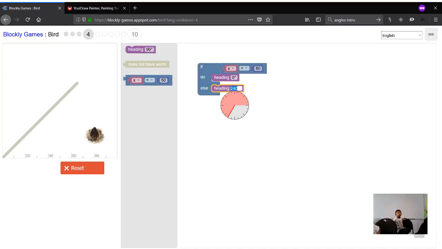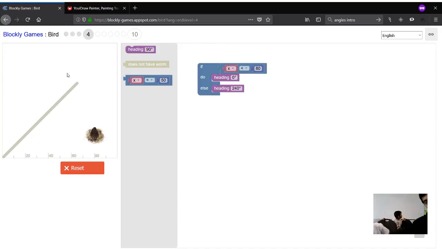But the reason why we didn't miss the nest is that your bird crossed over to less than 80 because of your angle. So it was having a fight with itself.